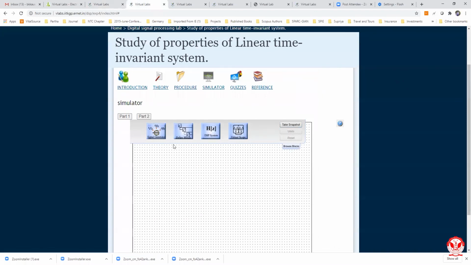It has 4 blocks: the signal generator that we are familiar with, the delay block, the third one is the DSP system, and the fourth one is the virtual scope.